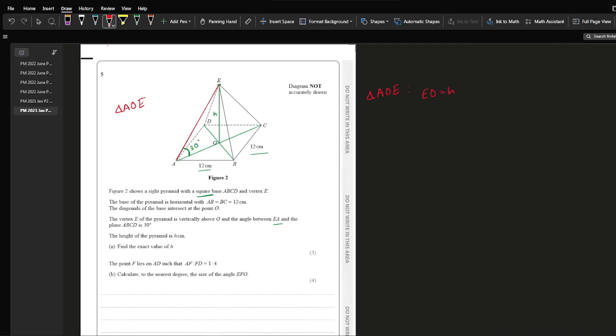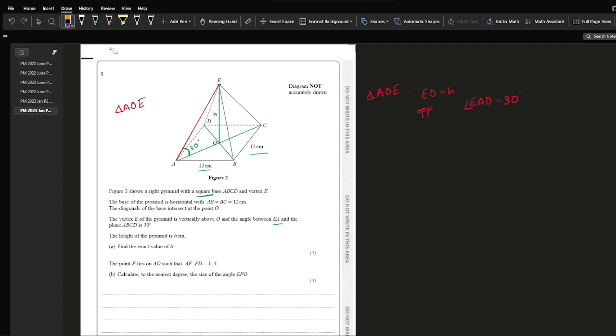We have one of the angles, the angle opposite of h, which is angle EAO, which is 30 degrees.